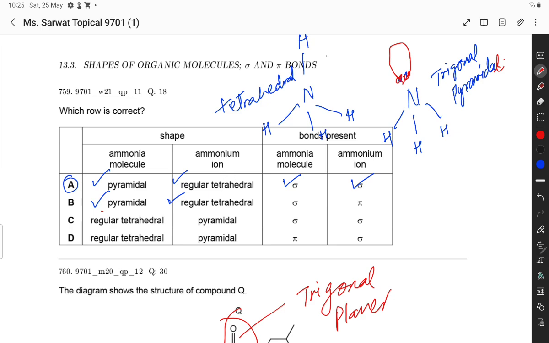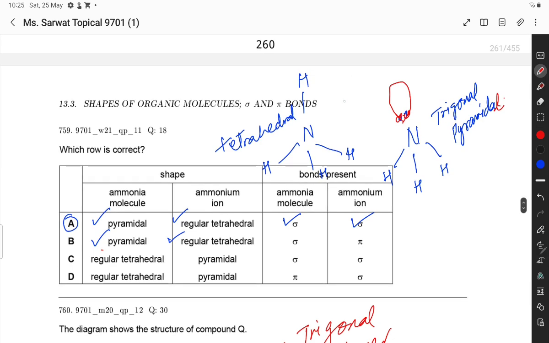Ammonium ion is regular tetrahedral. So ammonium ions are formed like this, with 4 hydrogen atoms. This nitrogen is surrounded by 4 hydrogen atoms. This hydrogen forms a dative bond with nitrogen using the lone pair of the nitrogen atom. So this is also regular tetrahedral.